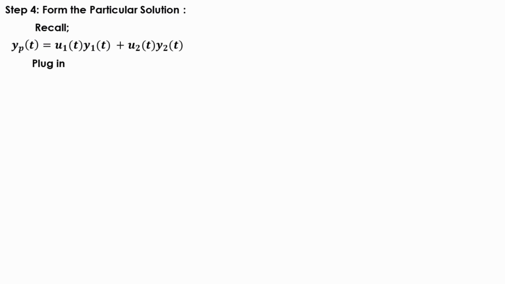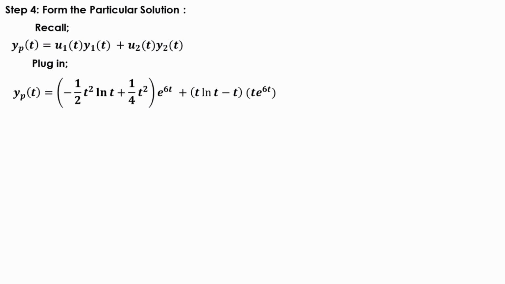All we just need to do is plug in the values that we have gotten. So that will be our yp now, that is the particular solution, minus half t squared ln t plus 1 over 4 t squared times exponential 60 plus t ln t minus t, then times exponential 60. So that will be multiplying and adding it.